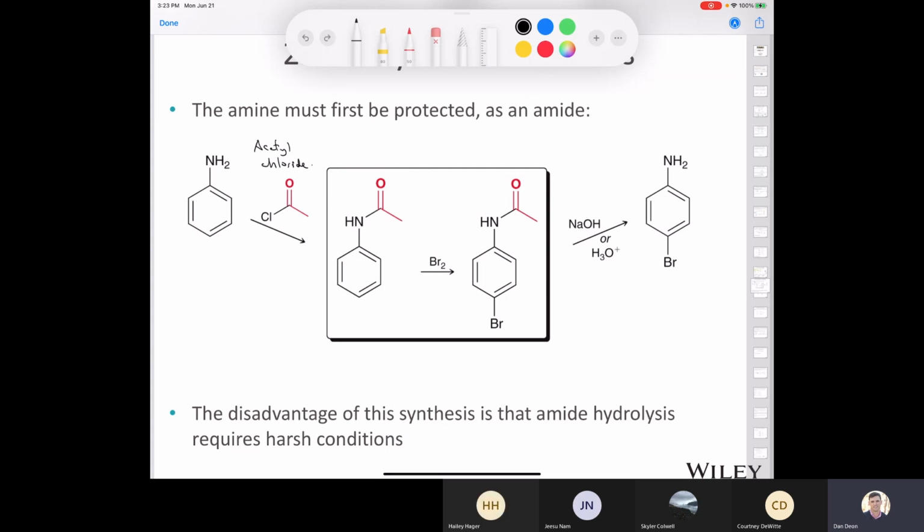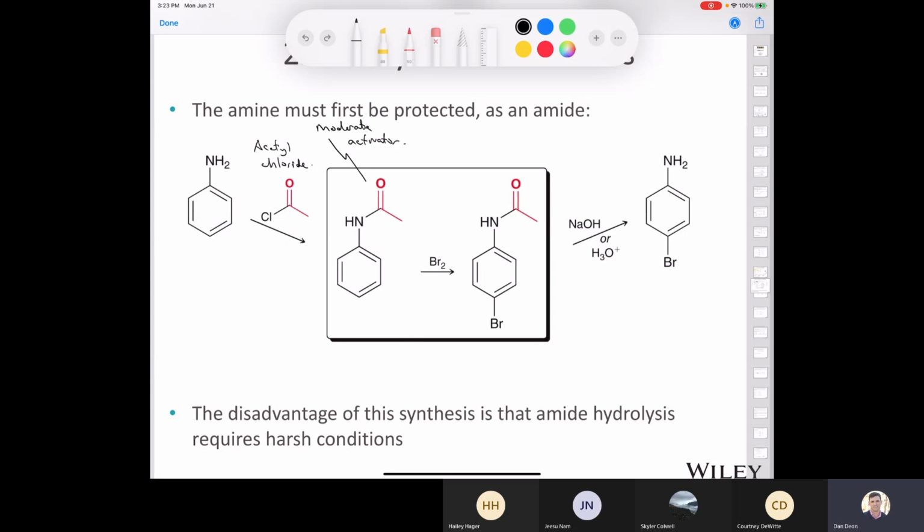Sure, but it's a moderate activator. So now we've got a moderate activator, which is going to be ortho-para directing, but the ortho positions are going to be mostly blocked because of the free rotation around this bond. And so that's going to direct any kind of substitution reaction into the para position. And so if you just treat this with bromine, then you get parabromination.